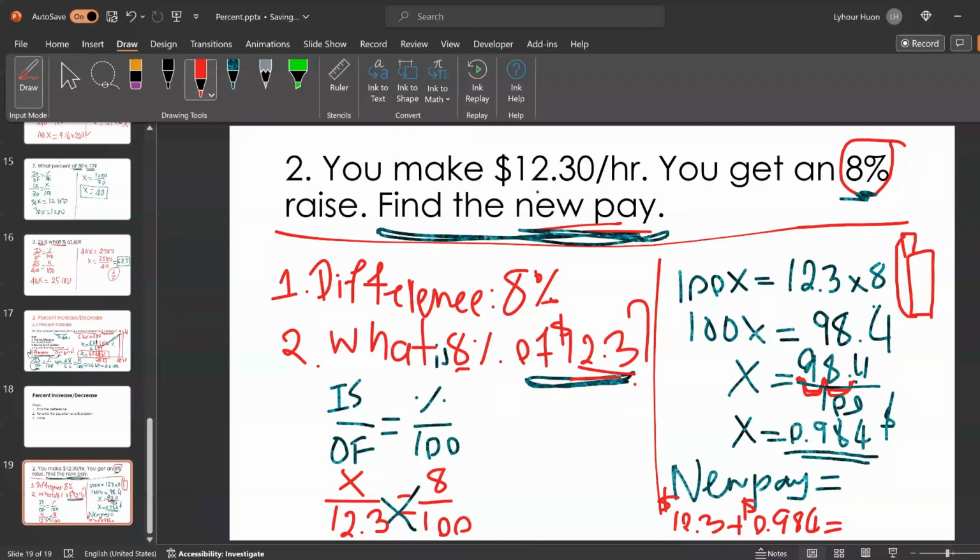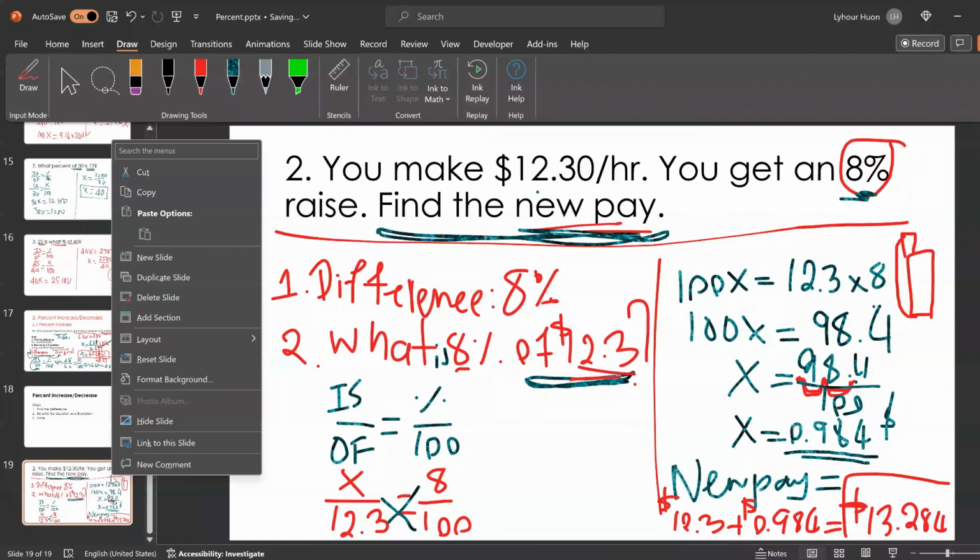I got $13.284. Correct. So the answer is $13.284. So your new pay is 13.284. Okay.